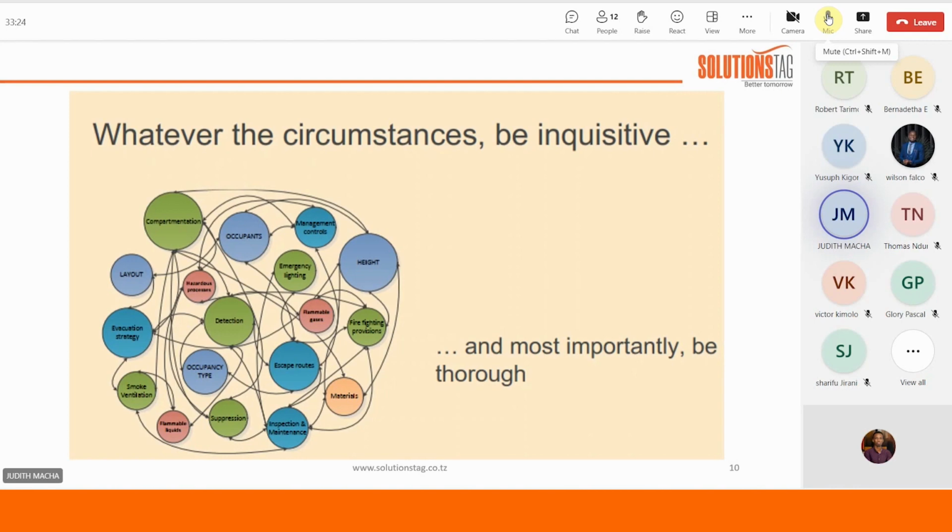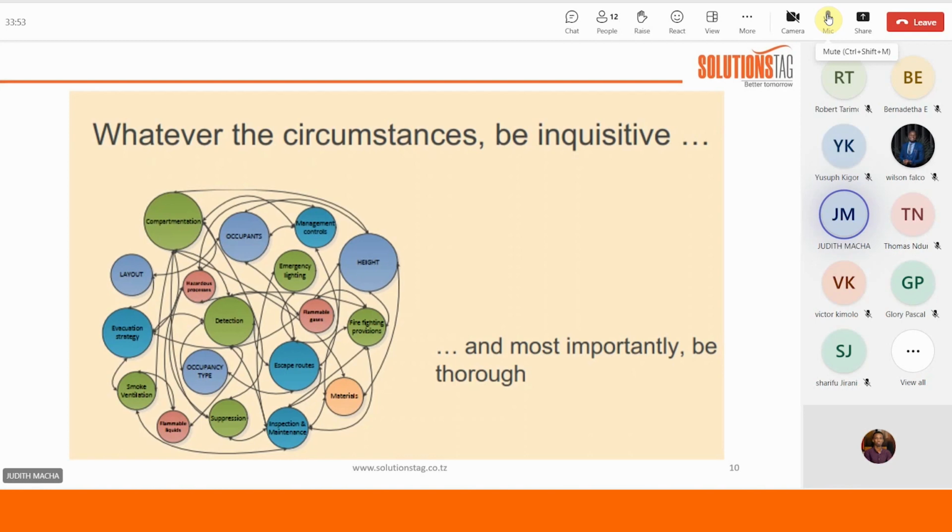It can catch fire, then it cannot be used. Then you understand, if that escape route has emergency lighting, can people see it? Yes. Okay, if it's a fire that you can fight, do we have the suppression system? Is the suppression system maintained? Then you go down to see, how about the smoke? Do we have enough ventilation? How about the strategy itself to evacuate the premises?